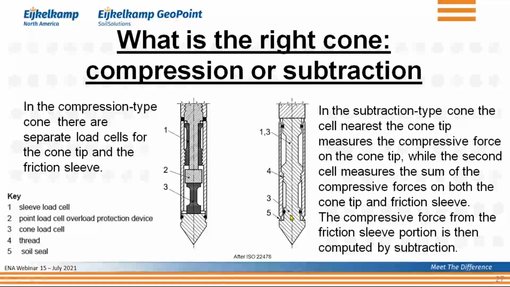The subtraction type cone has a load cell for the tip and a combined load cell for tip and sleeve. But you see that this internal is much more solid, much more robust, much more sturdy. Now, I know this is a simplification, but it gives you a clear idea of what's happening in the bottom part of the cone and why this subtraction type cone is a sturdier design.